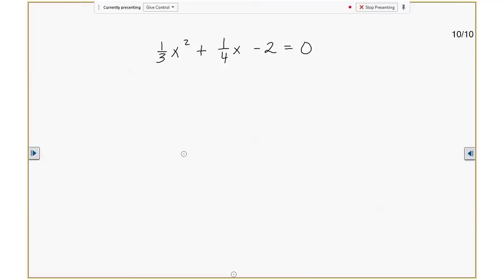A lot of people say, when I talk about this, well, when do you use the quadratic formula? When you have a quadratic with decimals. That's when you use the quadratic formula. In fact, that's the only time you need to use the quadratic formula.